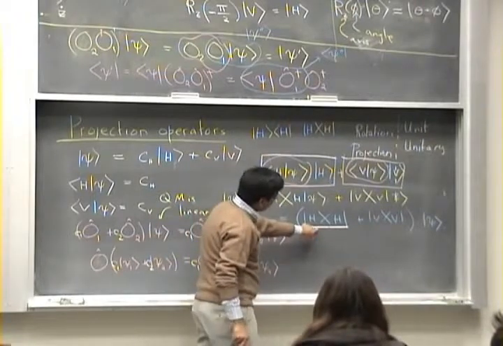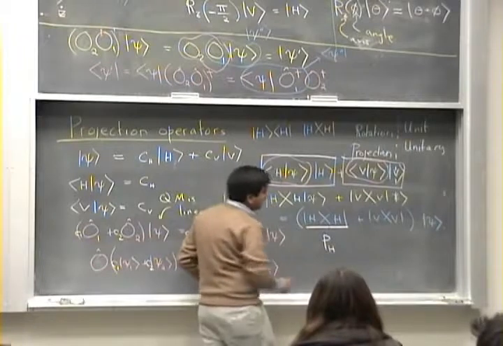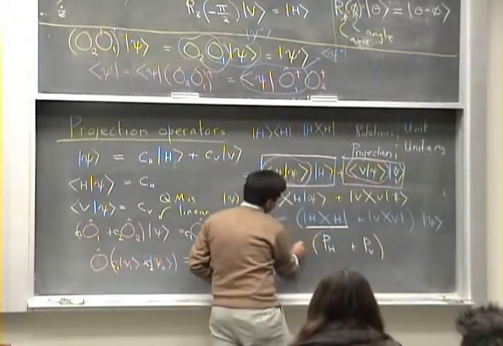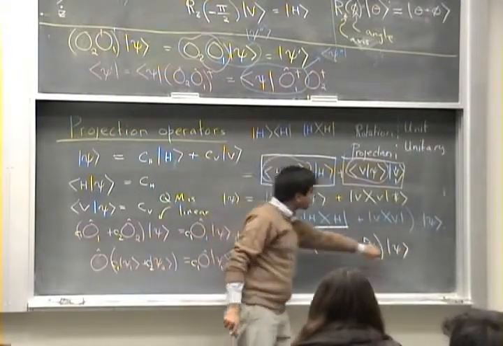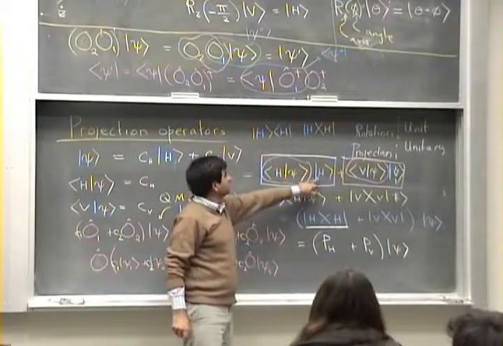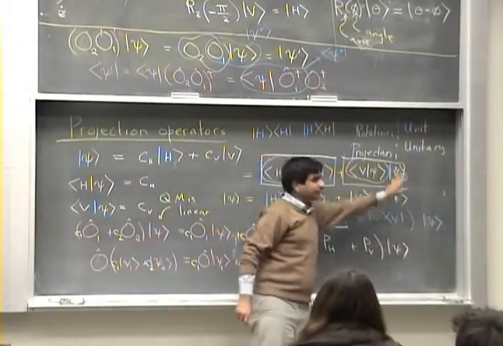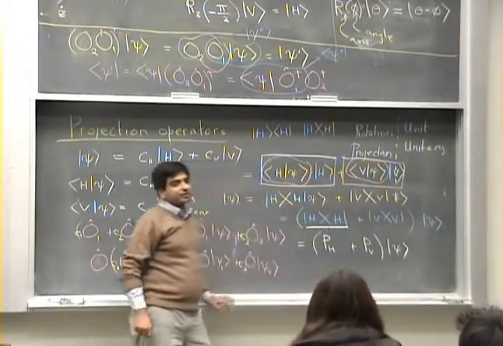So this operator, I represent this by PH, and this I can represent as PV. Okay? So PH acts on psi to give me this object. PV acts on psi to give me this state. These operators are called projection operators.